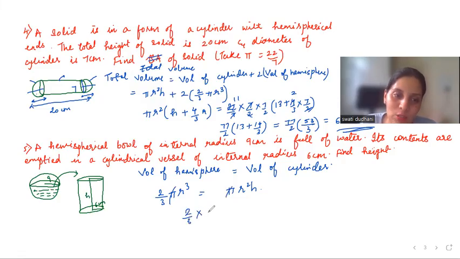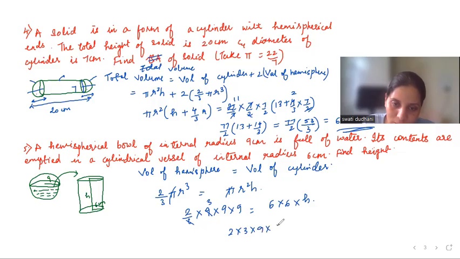2 by 3 into the radius, which is 9 cubed, is equal to, here the radius of the cylinder is 6 and the height is to be calculated. So 3 ones are 3, 3 threes are 9. So we get 2 into 3 into 9 into 9 divided by 6 into 6.